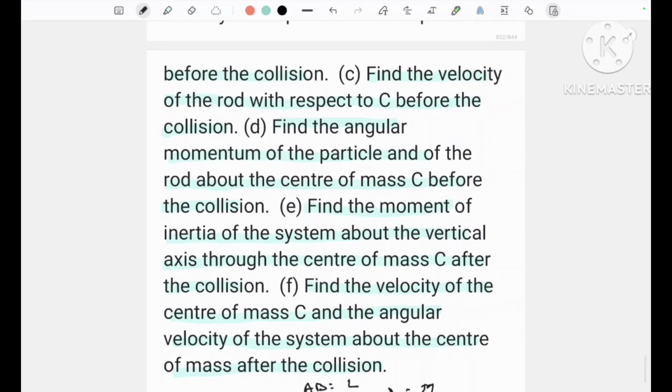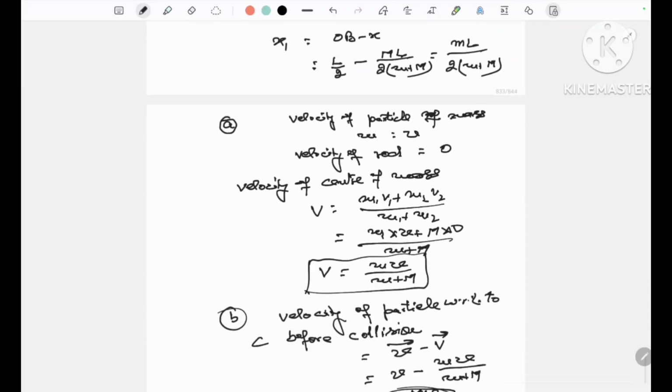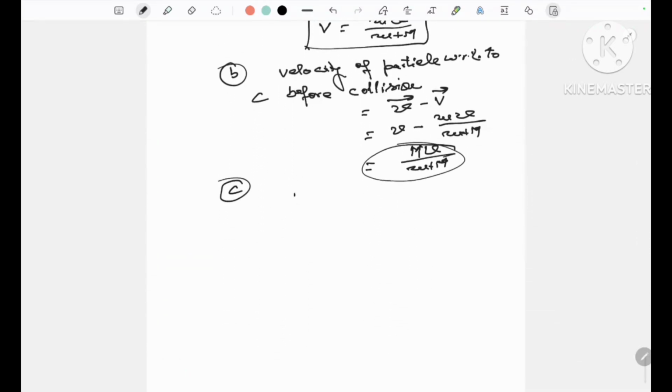Find the velocity of the rod with respect to C before the collision. Velocity of rod before collision Vr is 0.